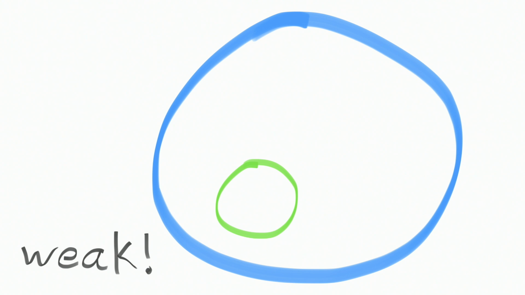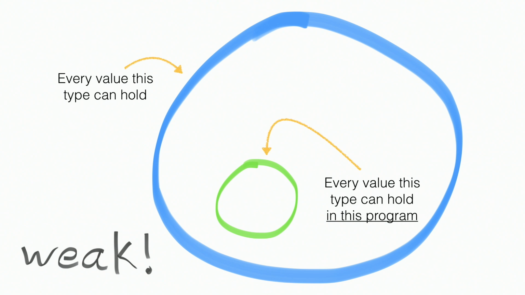Or I'm using a string. I'm using a string that could hold, you know, we don't even have words for how many possible strings there are, right? But I'm holding like 20 different strings for keys. That's really, really weak, right? And does that mean that strings are a weak type? Of course not. There are many things that actually fit with it that are very strong strings, like I want to download text from the internet.